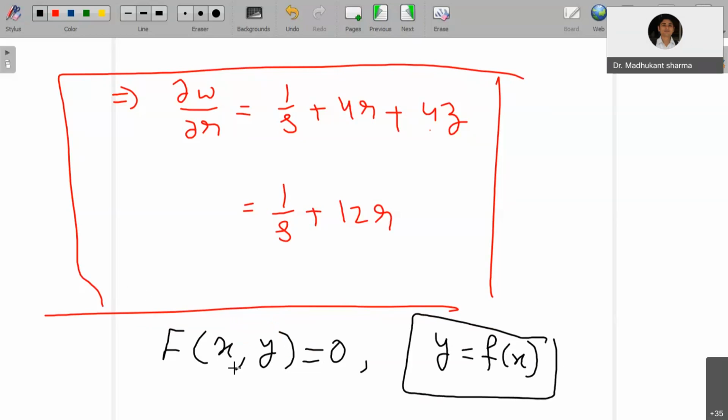It looks like a function of two variables, but implicitly y depends on x. Now the question is, I'm interested in finding dy by dx. It will be very difficult when you have a very complex equation, meaning an equation which cannot be simplified. If you are not able to simplify it, then how will you find dy by dx?